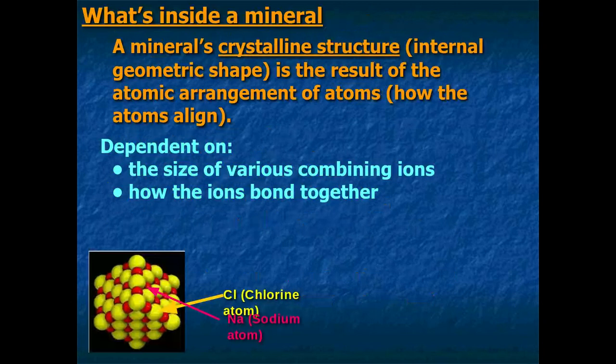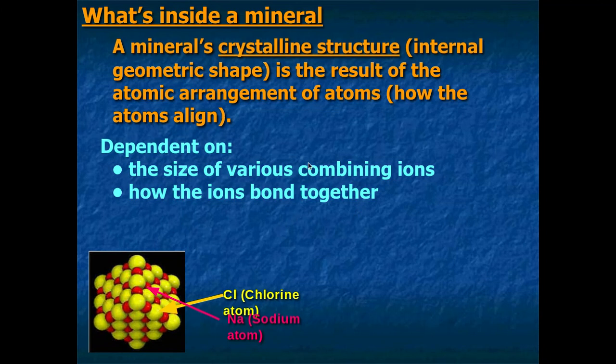A mineral's crystalline structure, its internal geometric shape, is really the result of how the atoms align themselves. And we're going to find that atoms come in different sizes. And so the internal arrangement of how the atoms arrange themselves is really dependent on the size of various combining ions and also how the ions bond together in terms of what kind of bond is there.